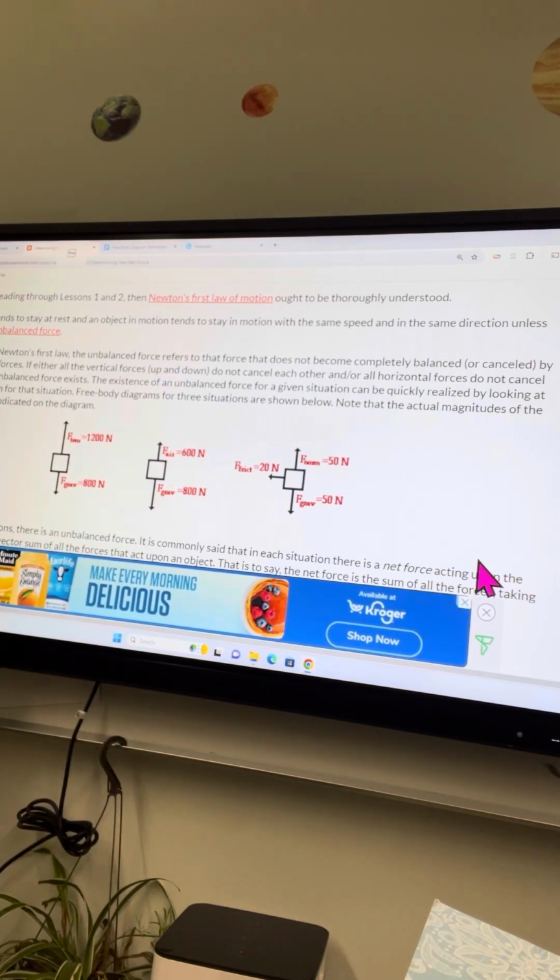And usually, almost always, if the arrow is going down or to the left, it is assigned a negative number, okay? So for example, this right here will be assigned a negative number.